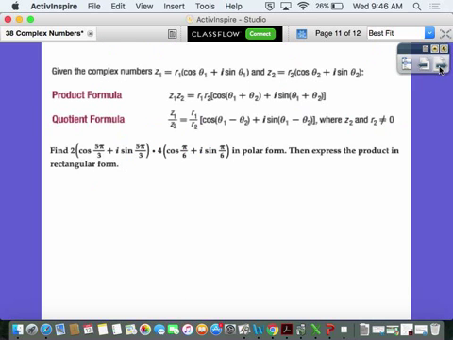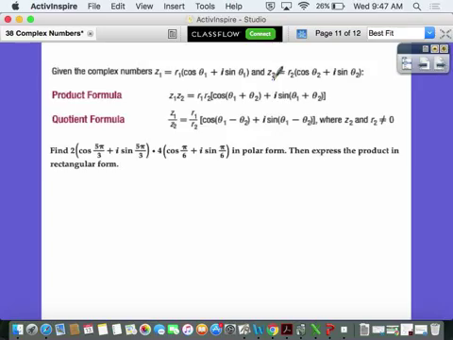Last bit. When you are doing products and quotients, it is pretty simple. It does look like a lot, but I'll give you a second. Is it already written down? Okay, so you have two complex numbers. There's a z sub 1, so you have r sub 1 cosine theta sub 1 plus i sine theta sub 1, and the same thing with the second one.